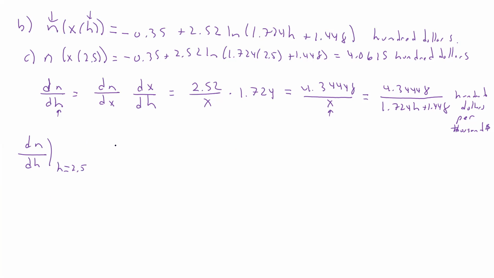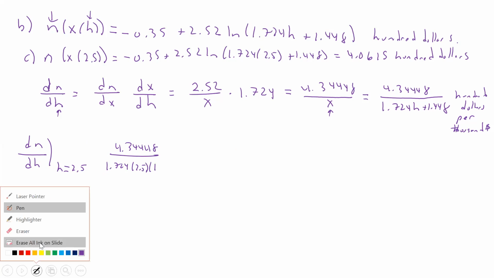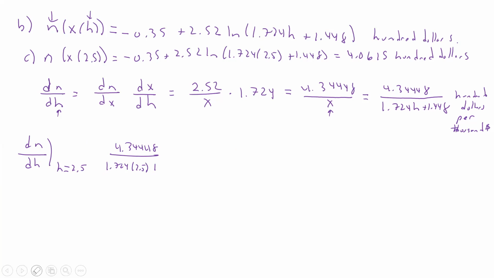And so we have the 4.34448 over 1.724 times 2.5 plus 1.448. And if we do that, we'll do that again just on the hand calculator to get it quick. 1.724 times 2.5 plus 1.448.